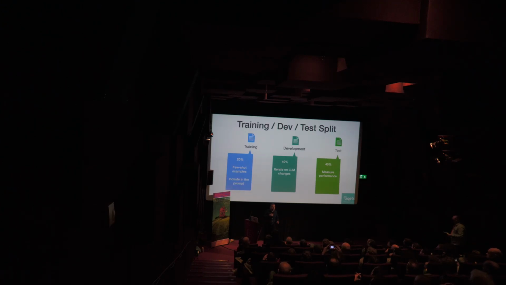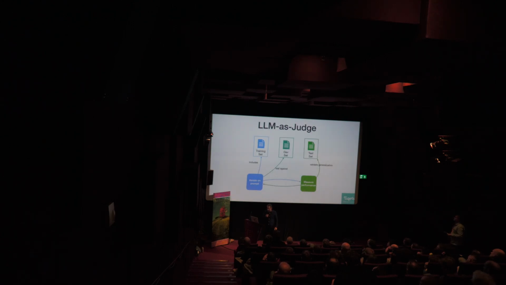Then you have another subset, about 40%, which you will use when you are playing with the prompt, tweaking things to see if it works. And once it works here, then you use the other 40% to measure if it generalized correctly, or if it only performed well in these things while I was watching, but when I'm not watching, it does the wrong thing. So this green stuff is to test generalization.